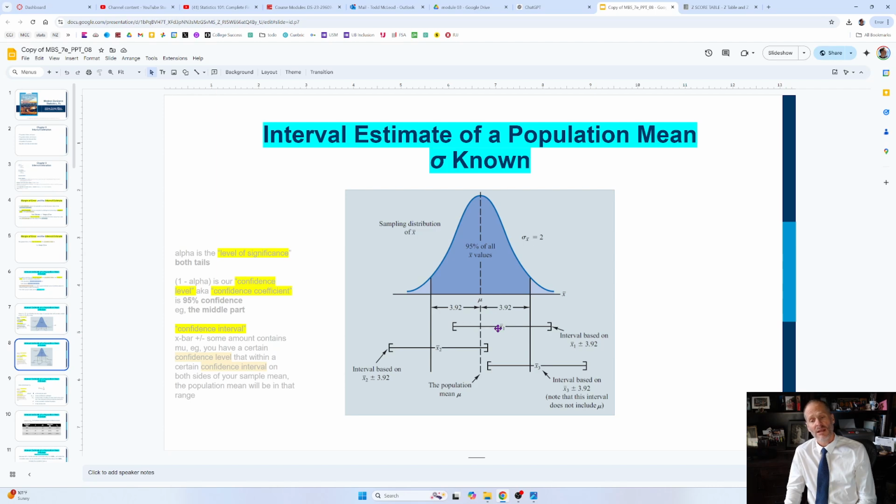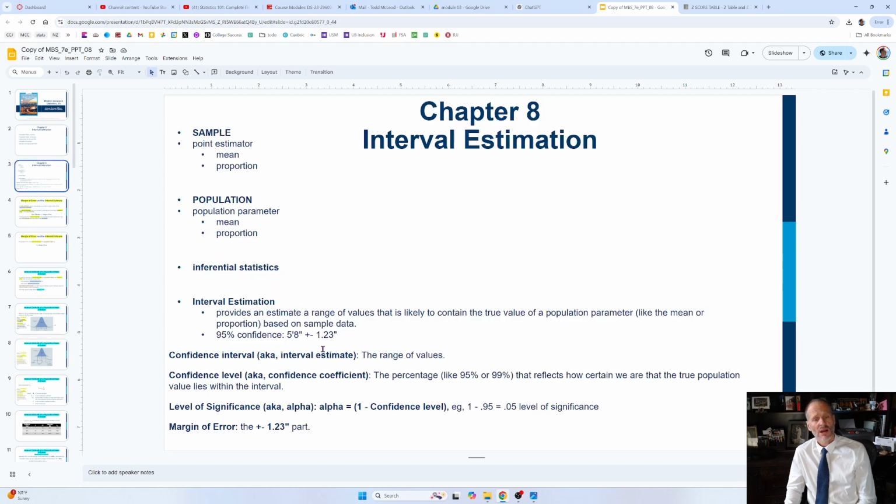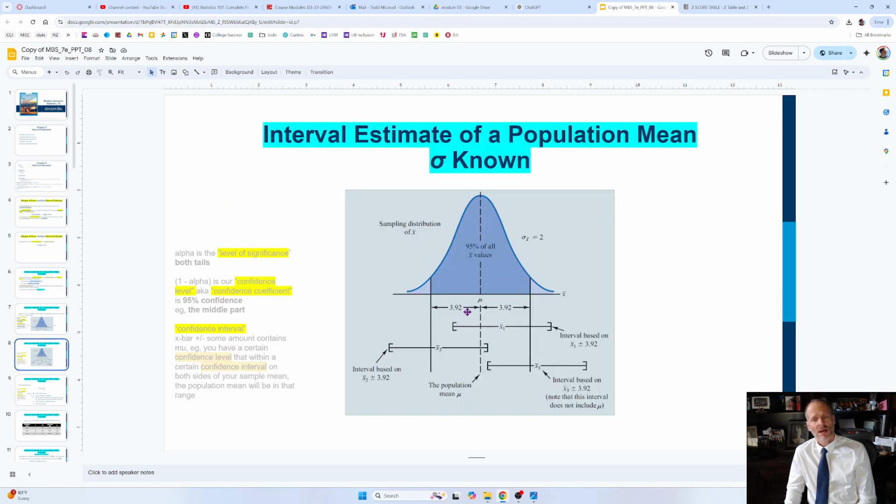So the sample mean, as a point estimator with a margin of error, giving us our interval estimate or our confidence interval, 95% of the time will accurately include the population mean, right? So the sample estimate will include the population parameter that we're trying to determine from our sample.